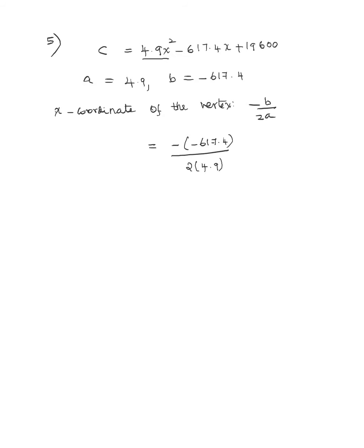When we use the calculator, we are getting 63. So to minimize the marginal cost, the production is 63 clubs. Now we have to find what is the minimum marginal cost.